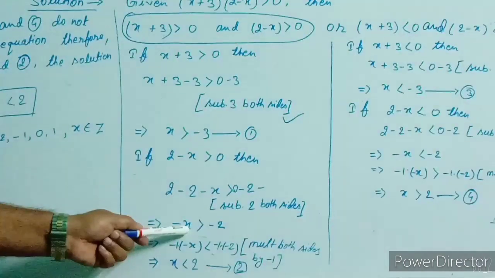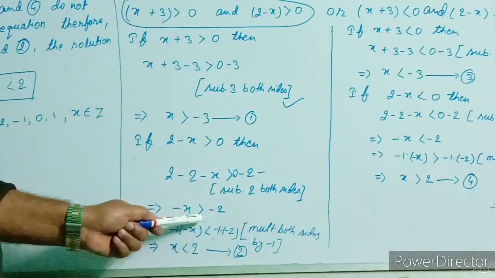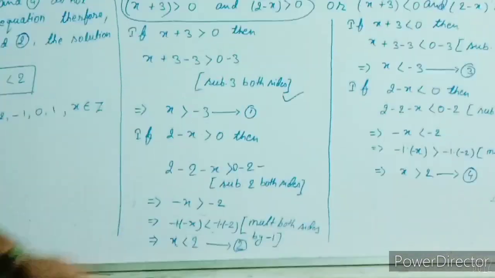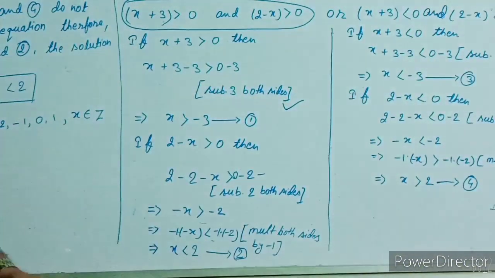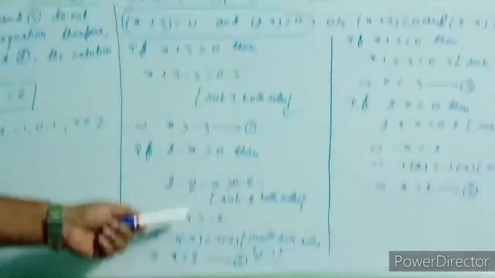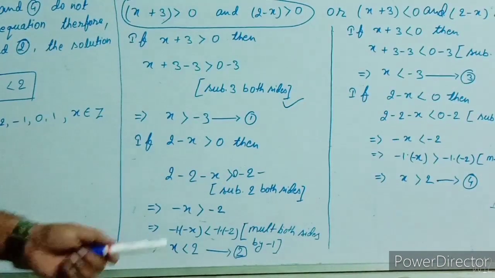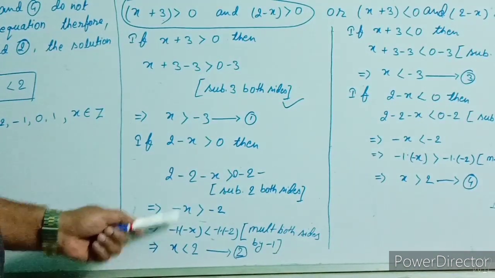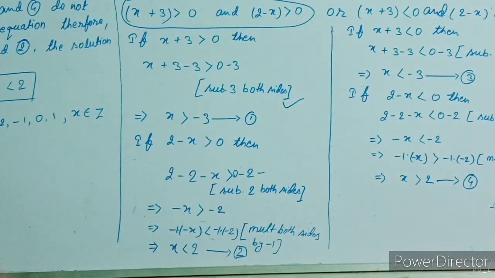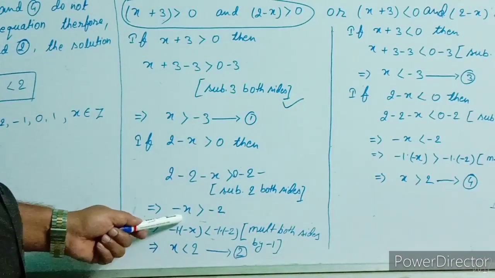I wrote here minus x greater than minus 2. Still minus is coming with x, which also has to be cancelled. If we multiply this by minus 1, then it will change into plus. So I multiplied this side by minus 1.